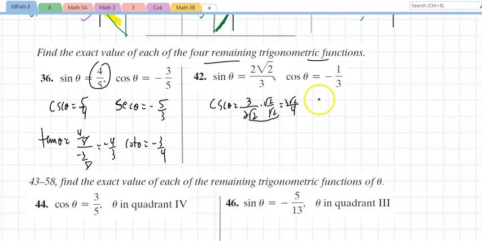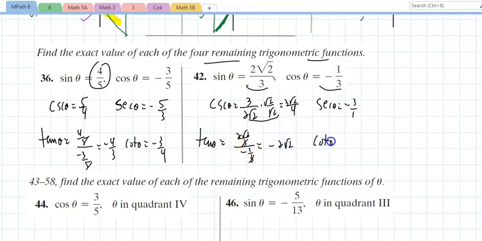And secant of theta is negative 3 over 1, or just negative 3. The tan of theta is sine over cosine, so that's 2 radical 2 over 3 divided by negative 1/3. Those undo each other, that's negative 2 radical 2. And that makes the cotan of theta 1 over negative 2 radical 2. Rationalize, that is negative radical 2 over 4. There we go, done.